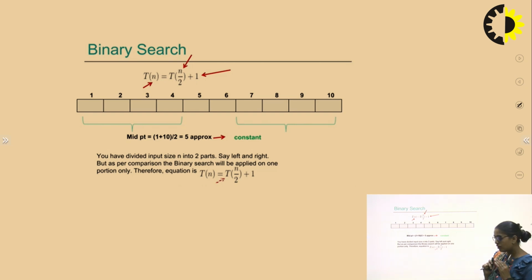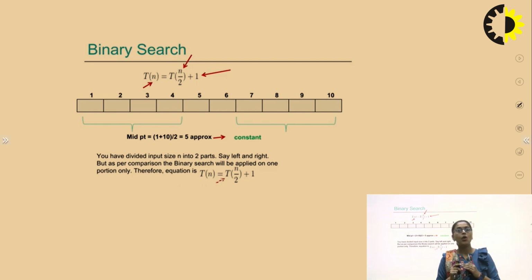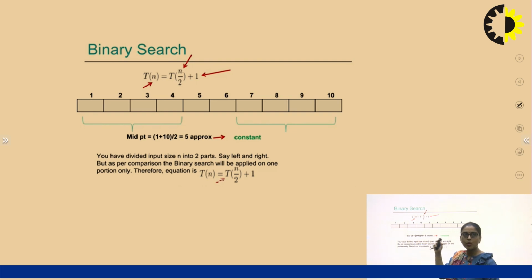So, briefly, in this process, for a huge number of elements already in sorted form, we find the midpoint using the lower bound and upper bound divided by 2. Then from this mid value, we divide into 2 parts.